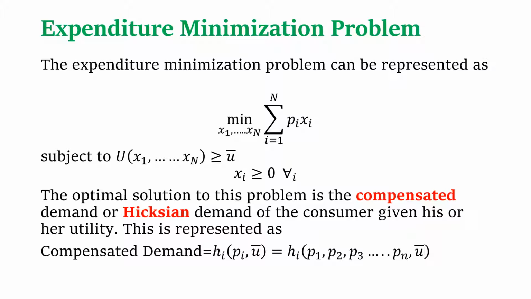That is the objective. But you are constrained by your targeted utility, the given utility that I want to achieve. So the consumer is constrained there. That will be the constraint here.